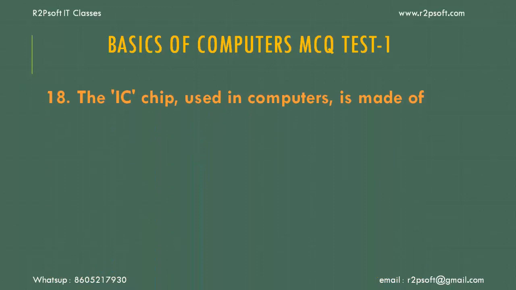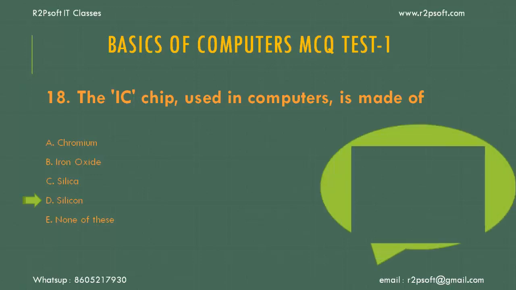18. The IC chip used in computers is made of A. Chromium, B. Iron oxide, C. Silica, D. Silicon, E. None of these. Answer is D. Silicon.